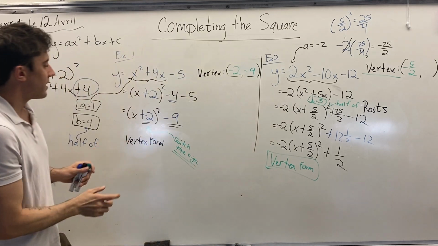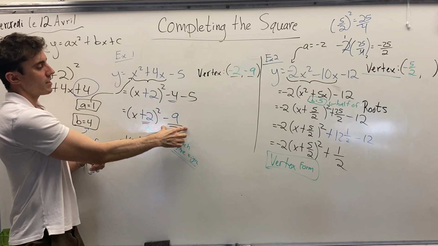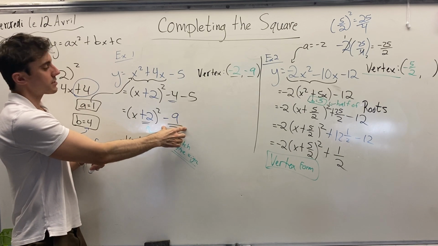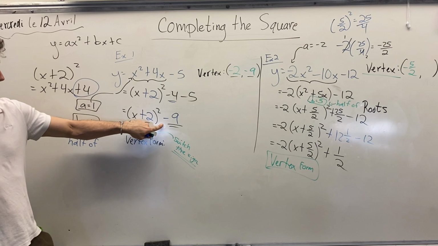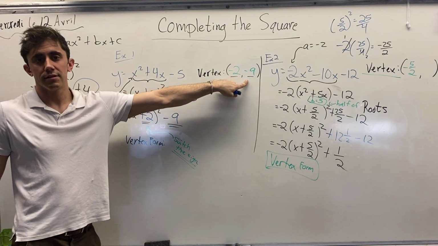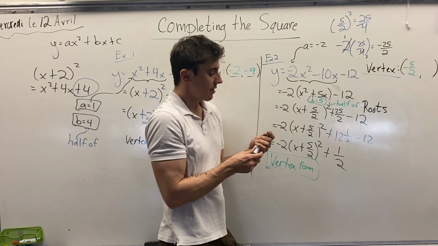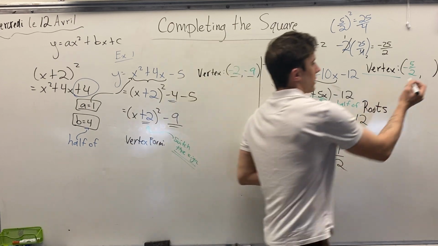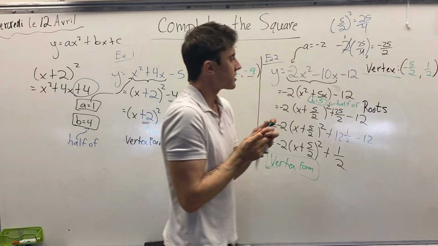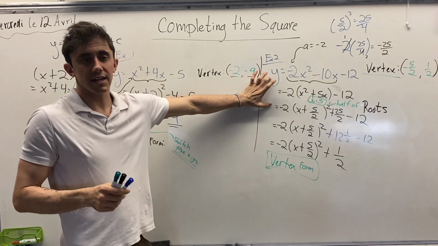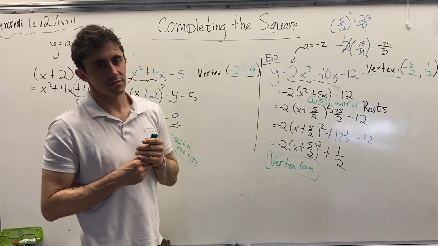And the y coordinate was the same number as we had at the final step of this process. We have 1/2 at the very end here, and so likewise, it'll become the y coordinate of our vertex. And so our vertex for our second function is found at negative 5/2 and 1/2, okay?